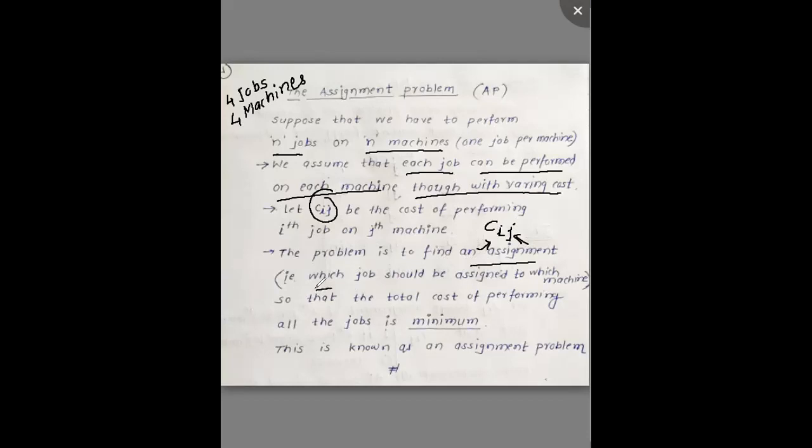That is, which job should be assigned to which machine, which job we should perform on which machine. So find that assignment so that the total cost of performing all the jobs, that is all 4 jobs on the 4 machines, is minimum. So this is known as the assignment problem.